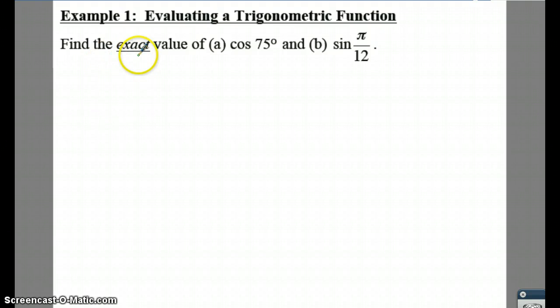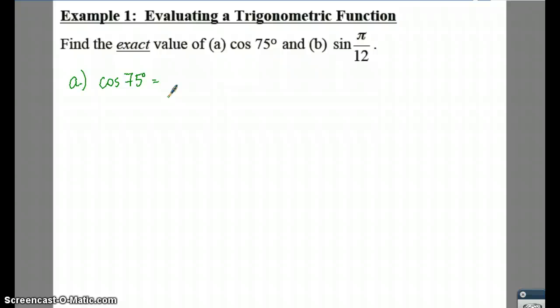So let's look at our first example. We have to find the exact value, notice underlined, italicized, of the cosine of 75 degrees. There are a couple of different ways you could write 75 degrees. It's on your circle, it's just not one of the nice pretty exact values like 30, 45, 60.